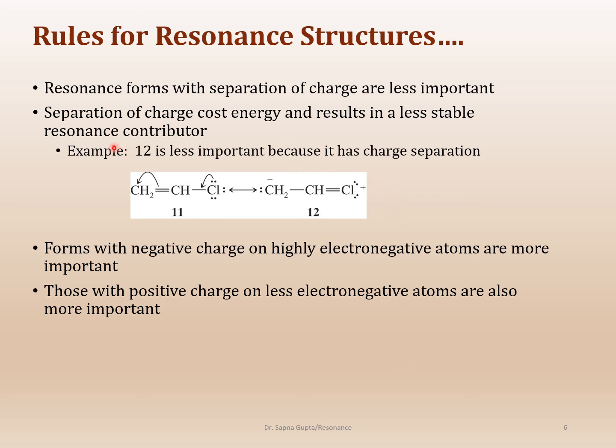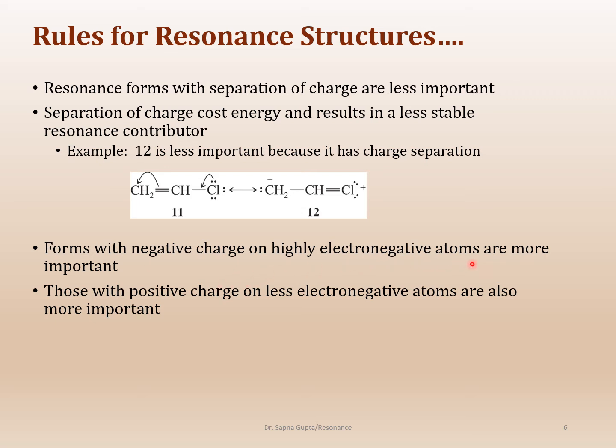And then in these cases where separation of charge happens, which we saw in the previous slide also, whenever there is a charge separation, those structures are not very good structures. Again, because of the number of bonds present. In this case, 11 is going to be a lot more contributing structure than structure number 12. And again, as I was saying before, negative charges should be more on the electronegative elements.